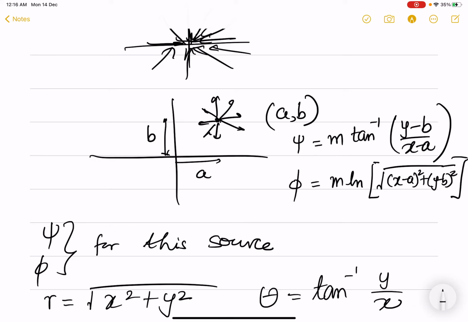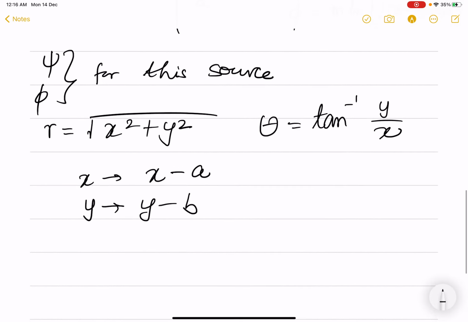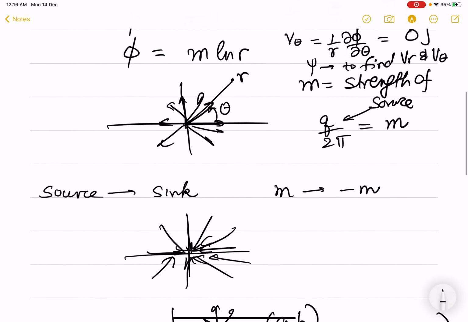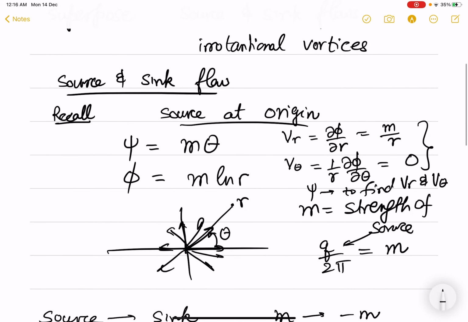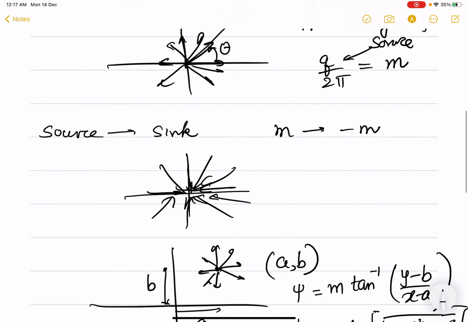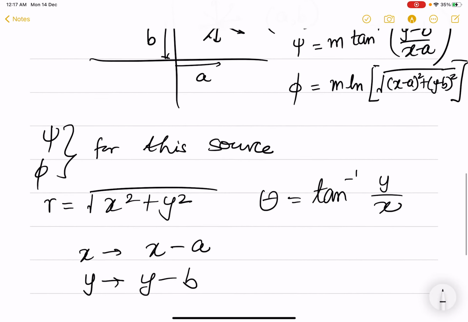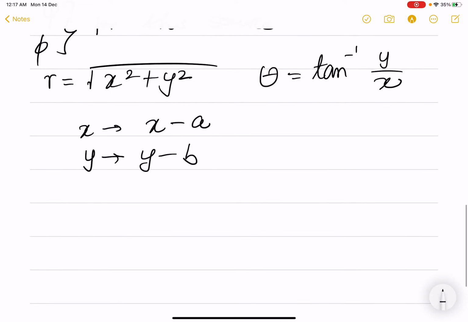So this is what we need to do when we displace the source from the origin. The same thing can be done in case of a vortex. Only thing is, in the vortex psi will be a constant times log r and phi will be a constant times theta. So they will just get interchanged.